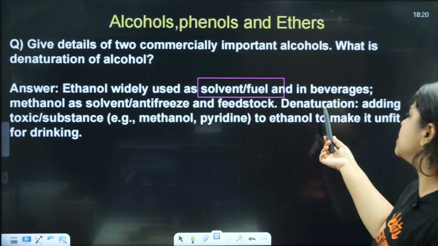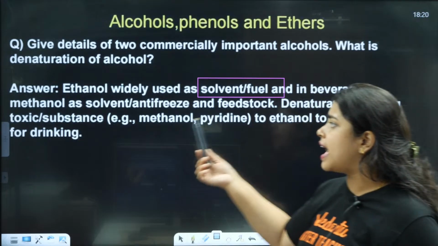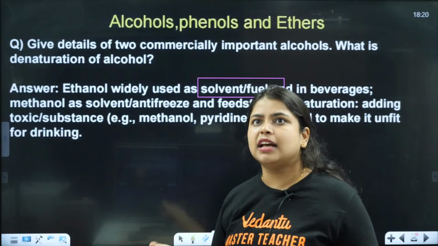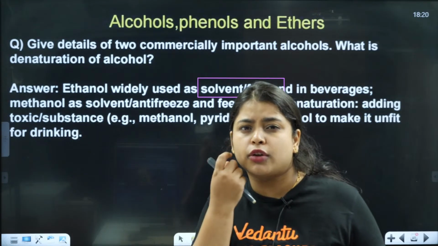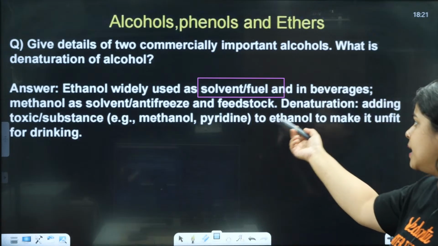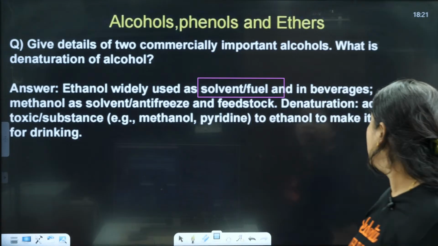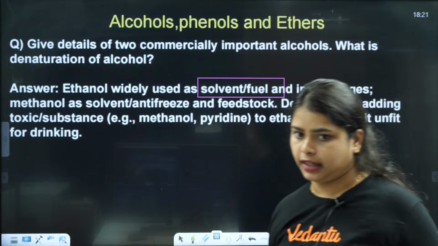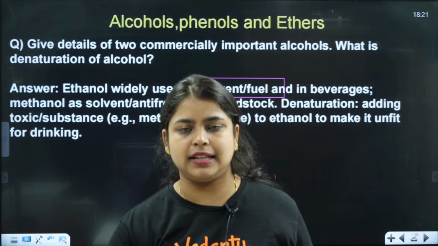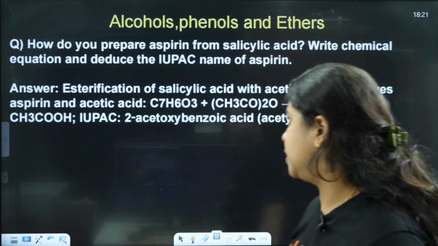So for that purpose, denaturation is adding toxic substances. Example, methanol or pyridine added to ethanol to make it unfit for drinking. So these are all unfit for drinking. Why? Because they'll create a buzz in our stomach.